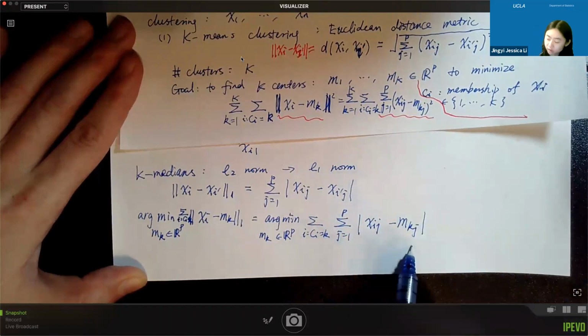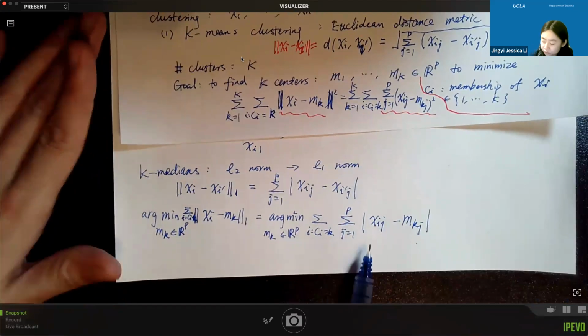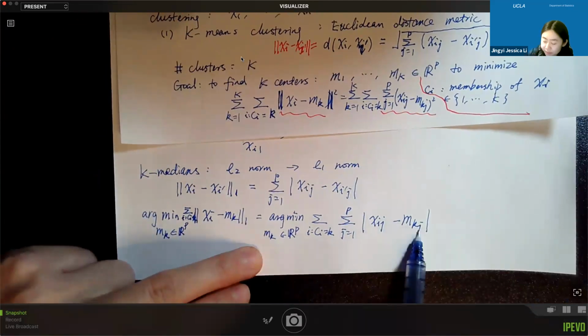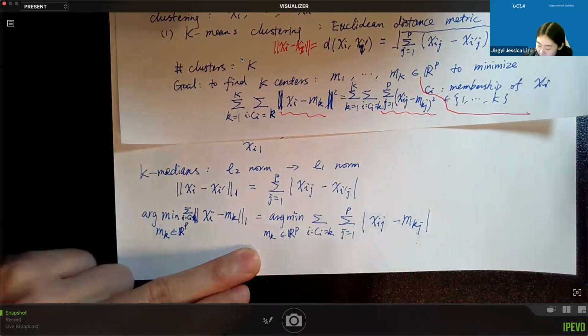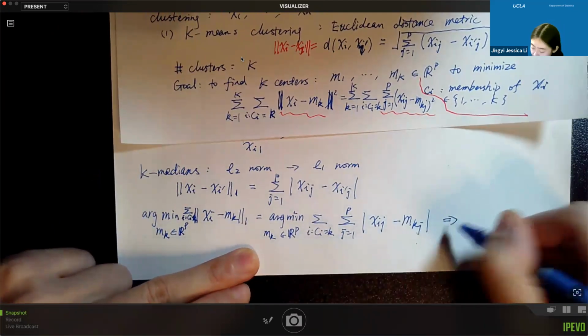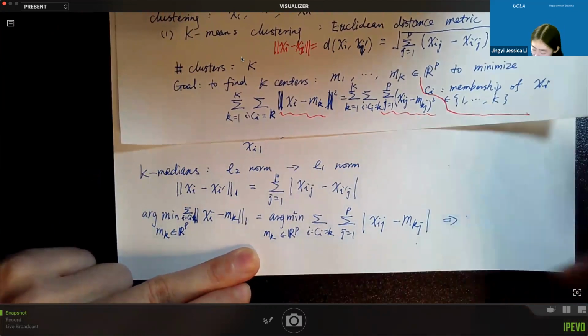It's the absolute value of xij minus mkj summation. That's the L1 norm. So I can show that if I want to find the mk coordinate by coordinate to minimize this, I need to have it equal to this.